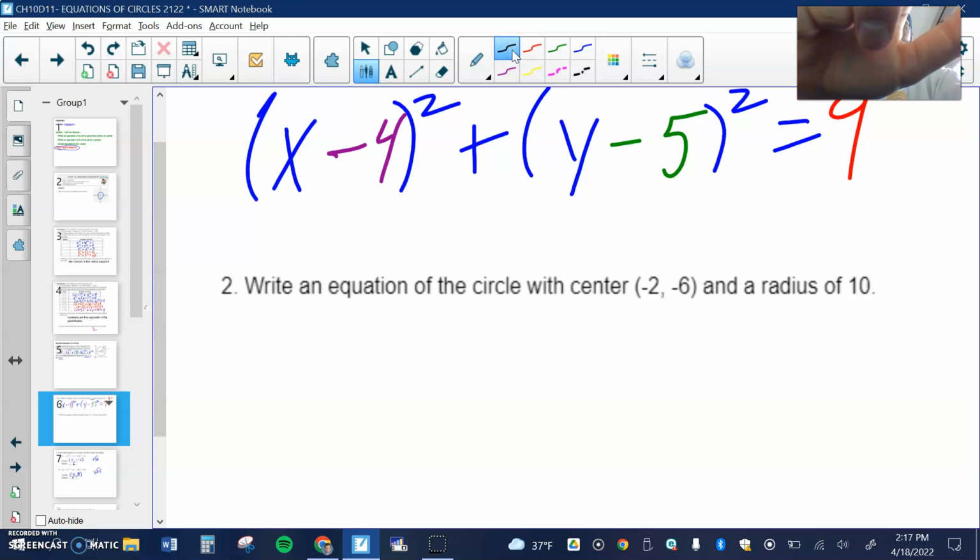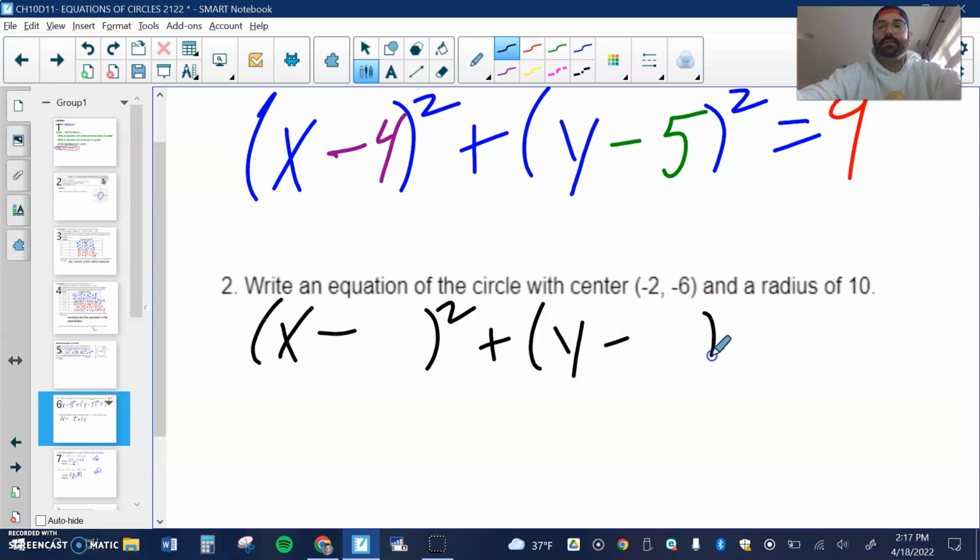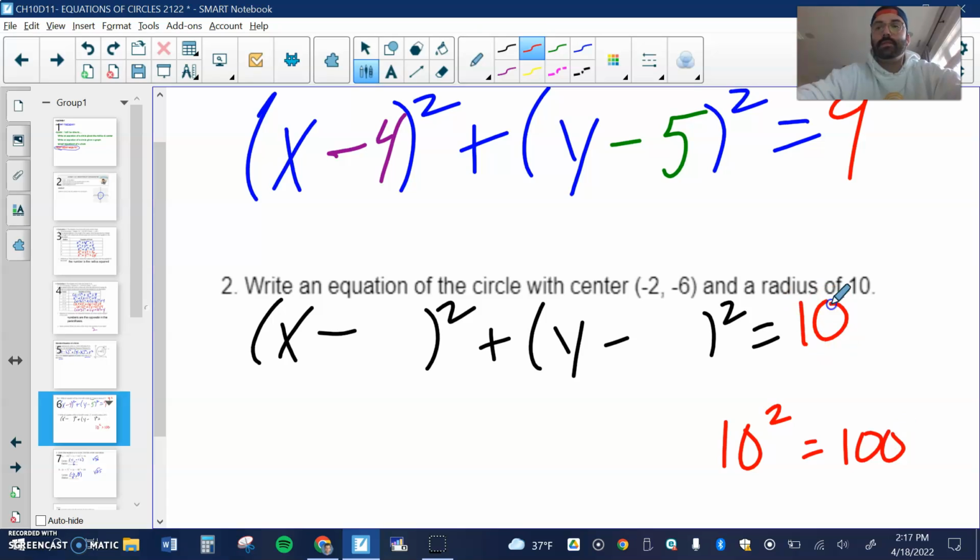Okay, so let's try this again. X minus, plus y minus, equals, well, 10 squared equals 100. So this is 100. Minus negative 6, or excuse me, negative 2.